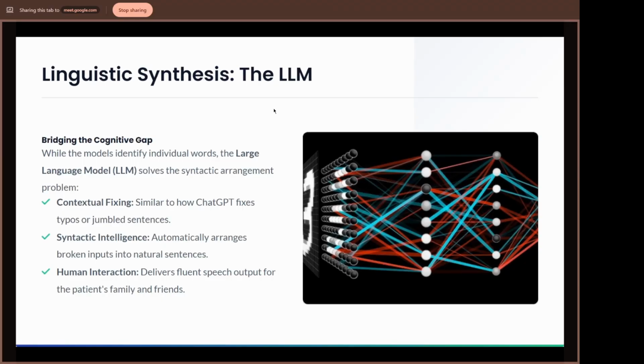We also use an LLM to order the words in a sentence. As mentioned before, our co-designer cannot organize the words into sentences grammatically correctly because of the problem in the Broca's area. So we decided to use an LLM to support that.